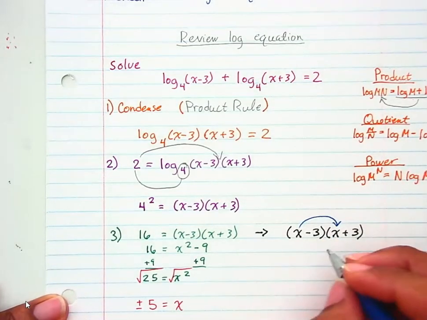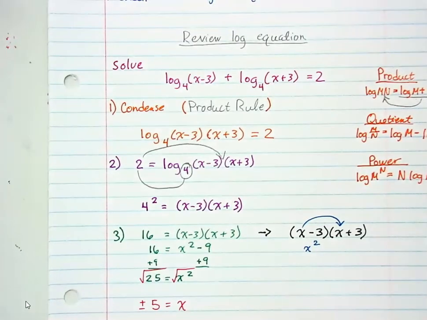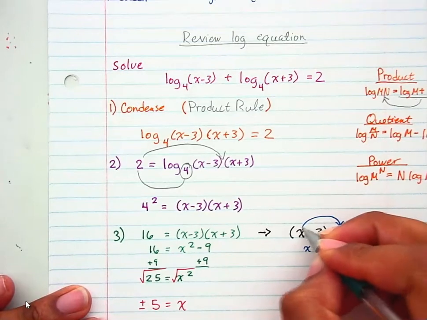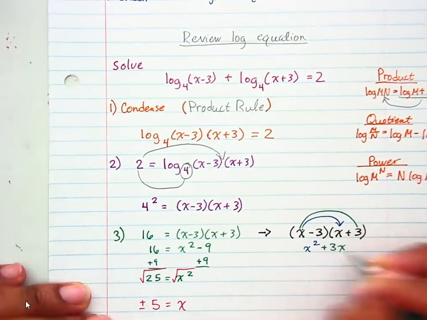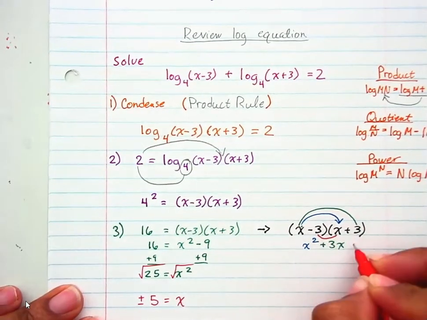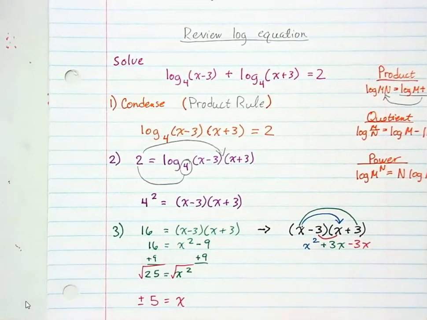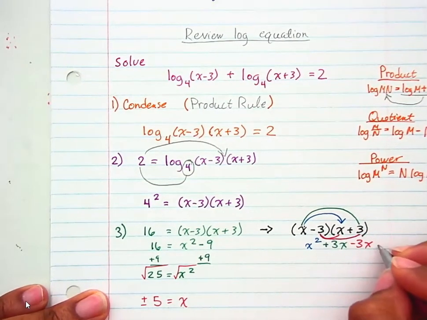All right, so we have x times x is x squared. We'll do x times 3, which is 3x. We'll do negative 3 times x, which is negative 3x. And then we'll do negative 3 and positive 3, which is negative 9.